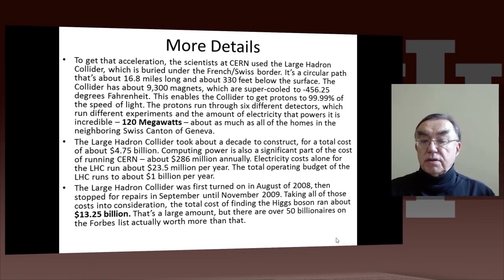And that allows protons to run around the ring, getting faster and faster, and eventually they get up to this very high energy, which allows them to collide and produce the Higgs particle. And then here's the amount of energy, 120 megawatts. Remember, that's actually around the size of the very largest cloud center, so it's not a staggering amount, it's just large. As it says here, it's about the same as all the homes in Geneva.